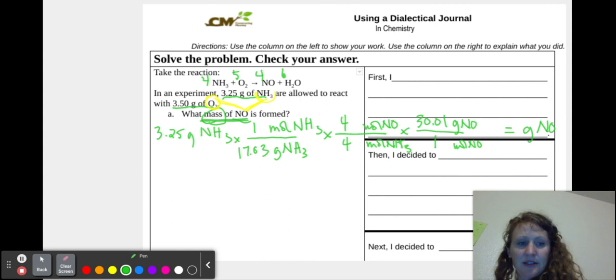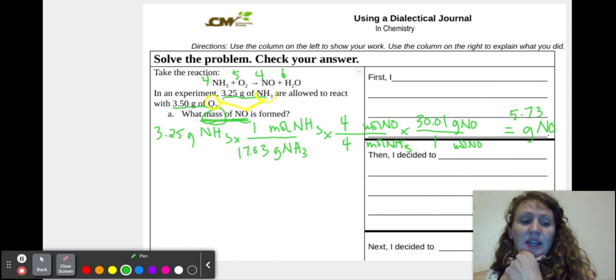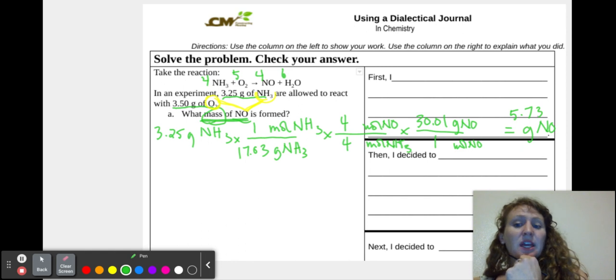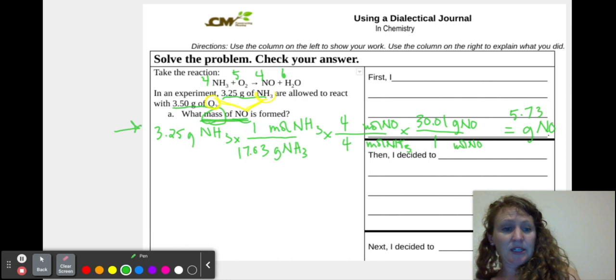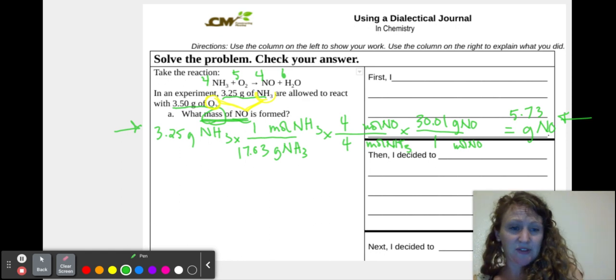And I get 5.73 grams of nitrogen oxide. Okay, so again, the key to these problems is knowing what your answer means. So if I use all of my ammonia, I can make 5.73 grams of nitrogen monoxide as long as I have enough oxygen. But I don't know if I have enough oxygen.